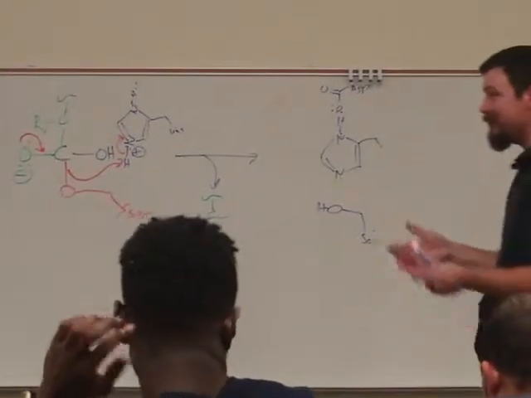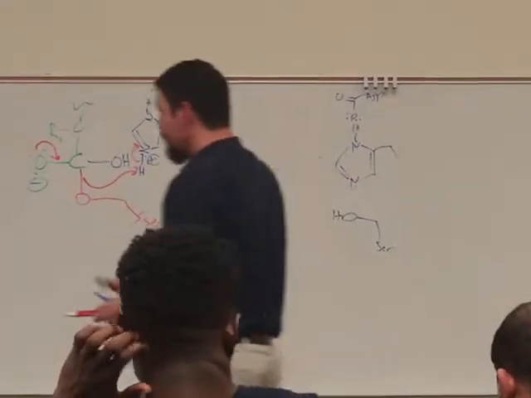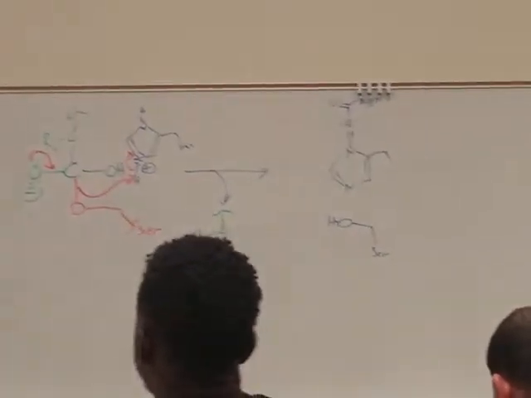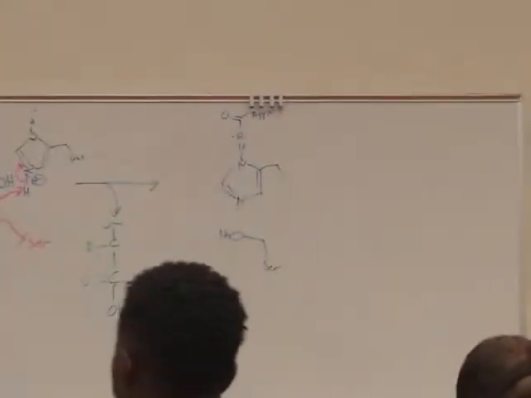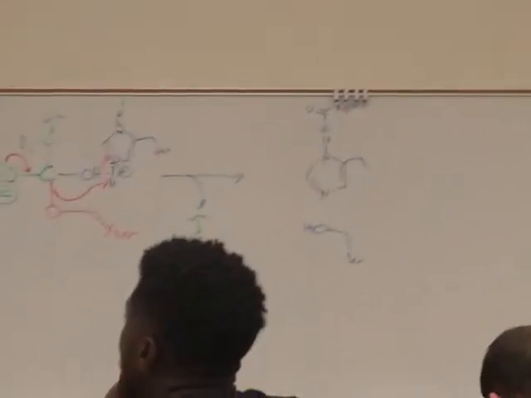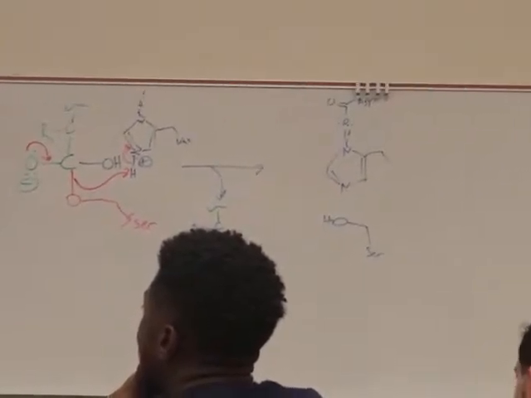And that's it. The deal is it has to go through 2 cycles, right? 2 tetrahedral intermediates, one that leads to bond breakage of the amide backbone bond, right? One that leads to breakage of the enzyme linked intermediate. Histidine is a very important player.